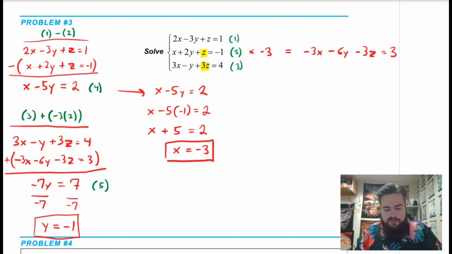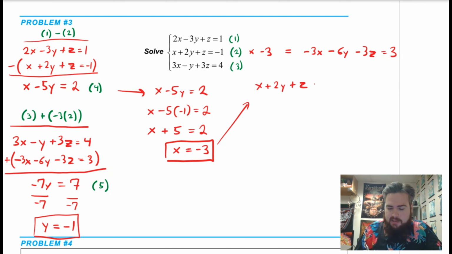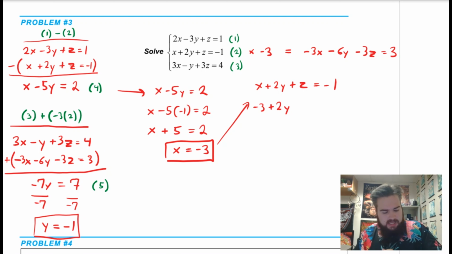Now with these two solved, I can plug them into any of the original equations and solve for z. I'm going to elect to do equation 2 because that looks the simplest, with only a single instance of both x and z. It's really up to you though in terms of what you choose. So I'm going to take equation 2, x plus 2y plus z equals negative 1.